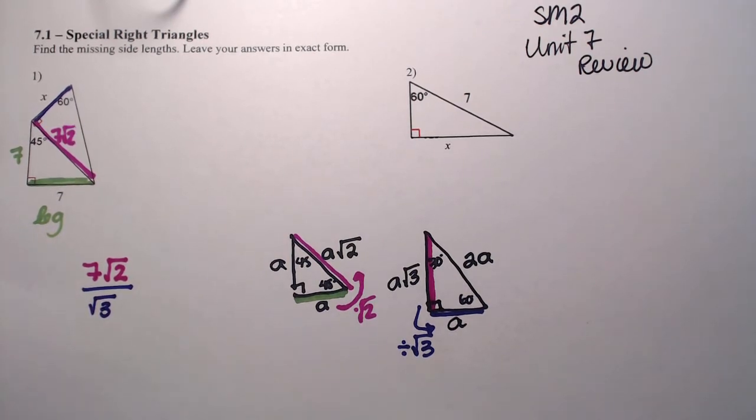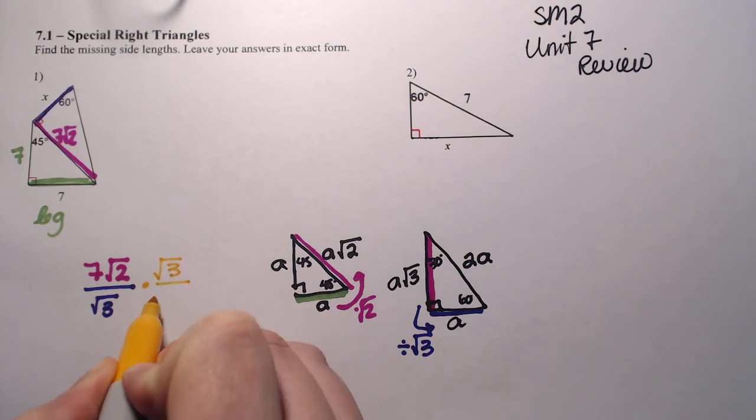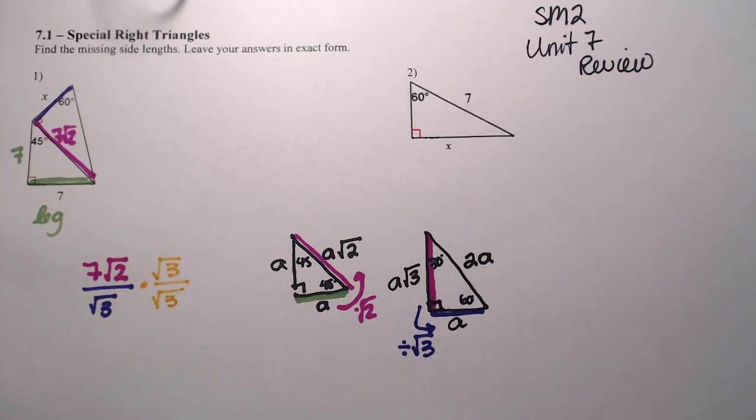Now we can't have radicals in the denominator. That's not okay. So we're going to fix it by multiplying by 1. I'm going to multiply by 1 in the form of square root of 3 over square root of 3, because that's still 1, so I'm not changing the value. But something happens.